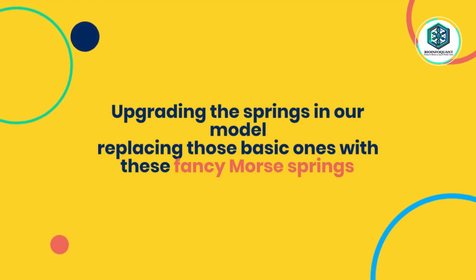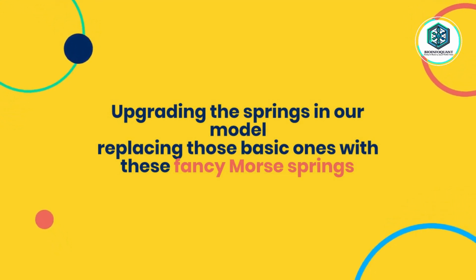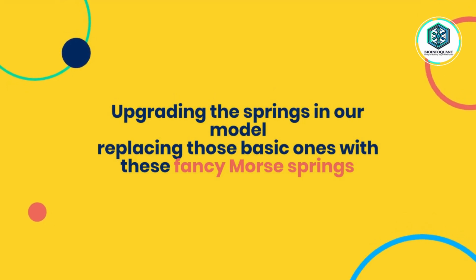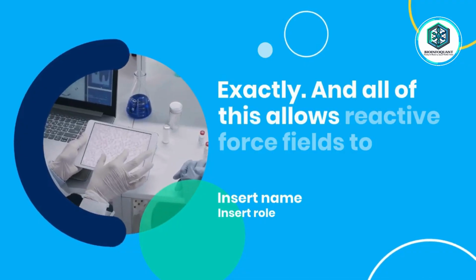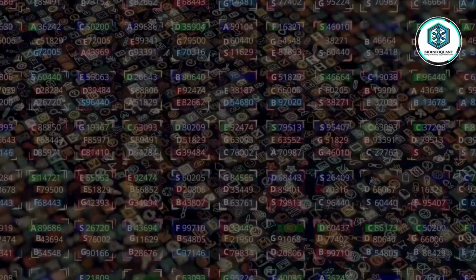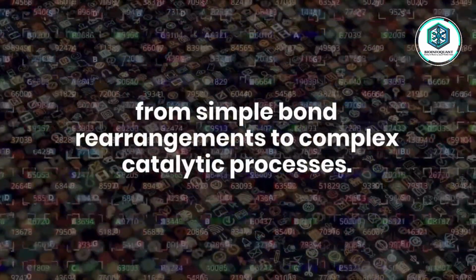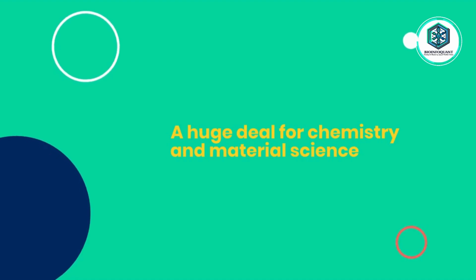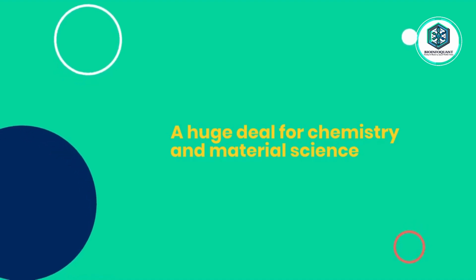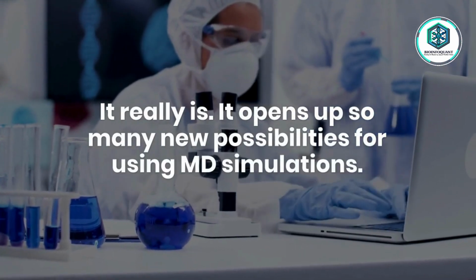So it's like we're upgrading the springs in our model, replacing those basic ones with these fancy Morse springs that are more realistic. Exactly. And all of this allows reactive force fields to simulate all sorts of chemical reactions, from simple bond rearrangements to complex catalytic processes. Wow. So this is a huge deal for chemistry and material science. It really is. It opens up so many new possibilities for using MD simulations.